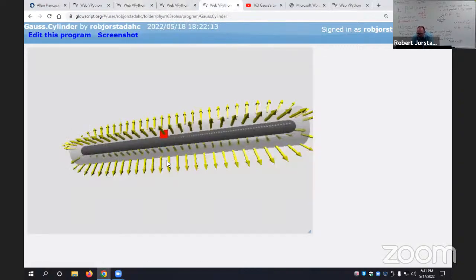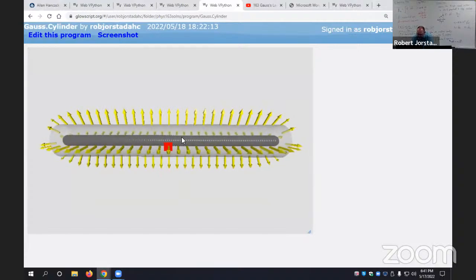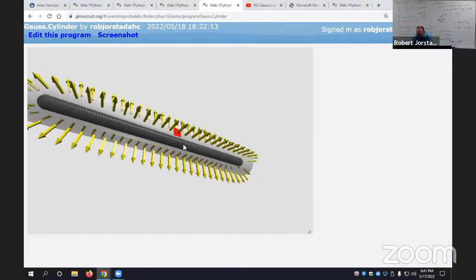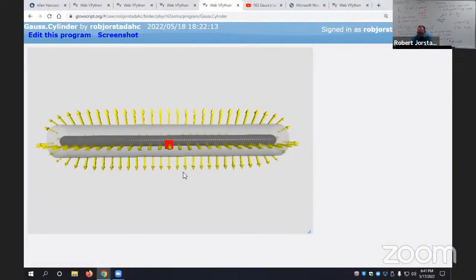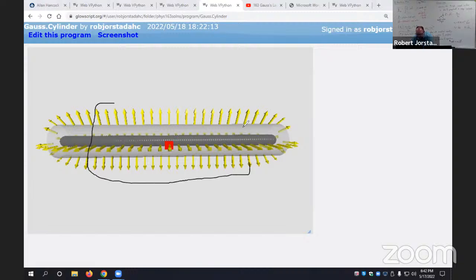And at this one, for a cylinder, right? Now, this one's a little different. For most of the points, if we kind of ignore the ends, for these regions in here, approximately, we see that E, for the most part, is approximately perpendicular to the surface.